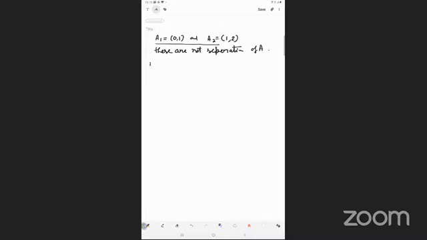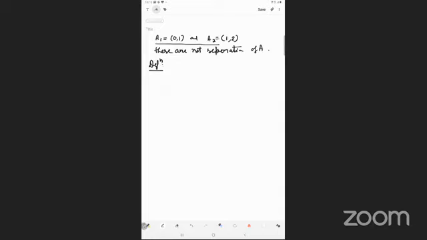Again, now I'm defining another thing. By separation, we can define what is connectedness.